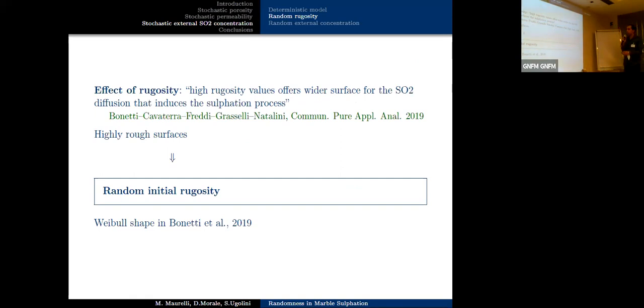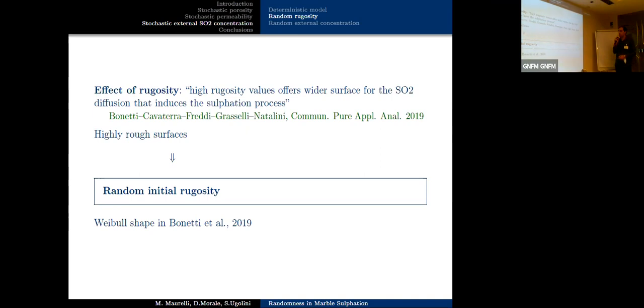Now, actually, at this point, randomness was already introduced in that paper. The idea is that the surface of a monument can be very rough. So imagine, of course, there is a lot of change of the surface, so it makes sense to consider a random initial rugosity.